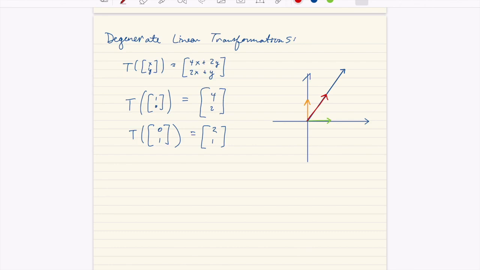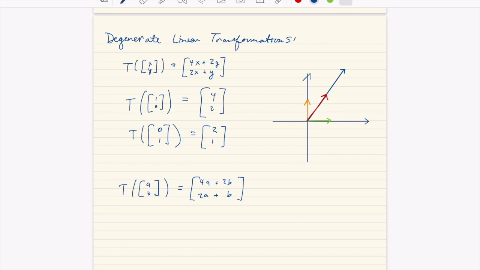And let's think about if I were to pick any arbitrary point (a, b). We already know the general shape of the transformation, but if I were to apply this linear transformation to any point (a, b), you're going to send this to (4a + 2b, 2a + b).